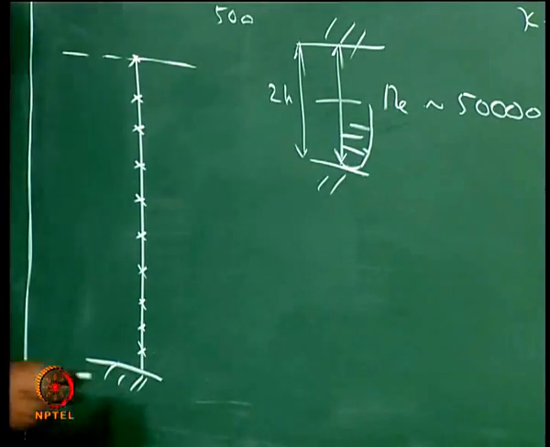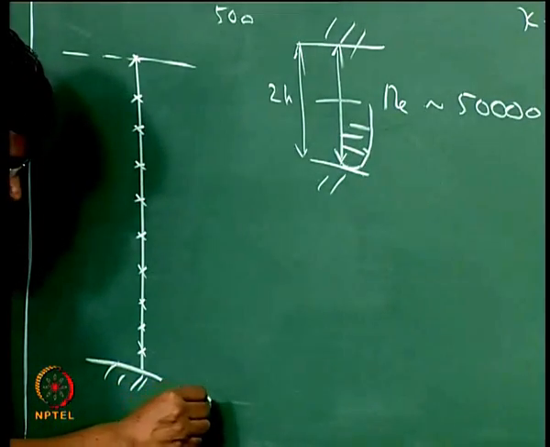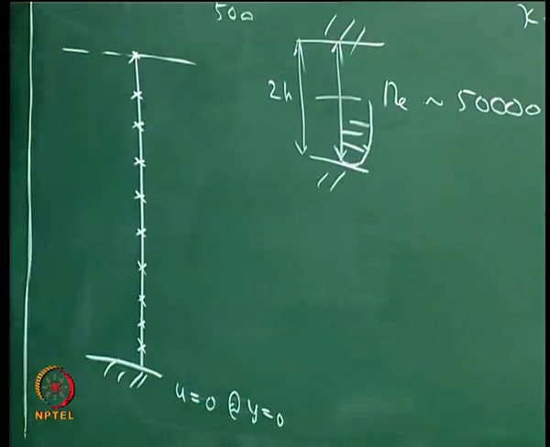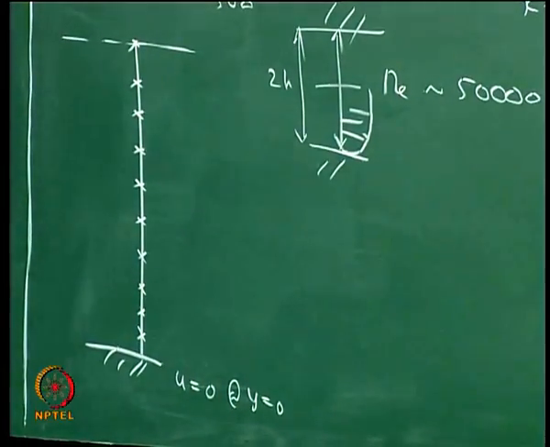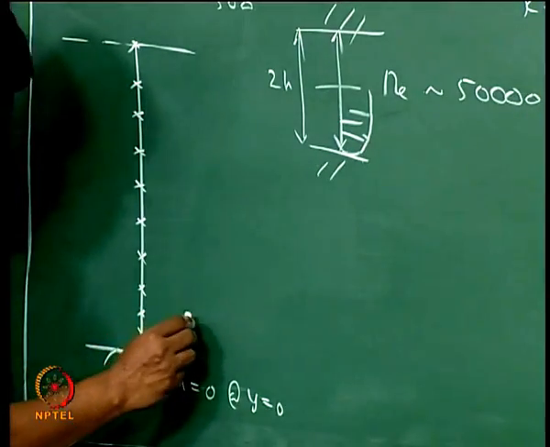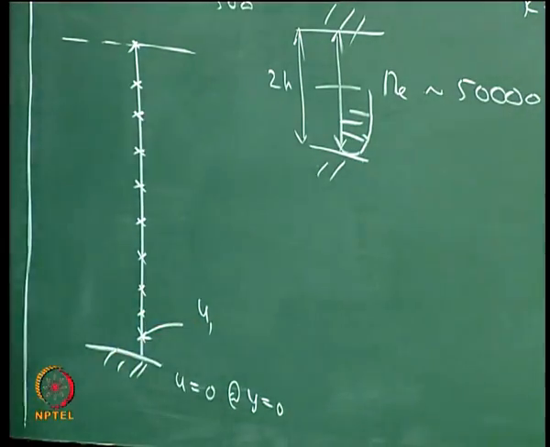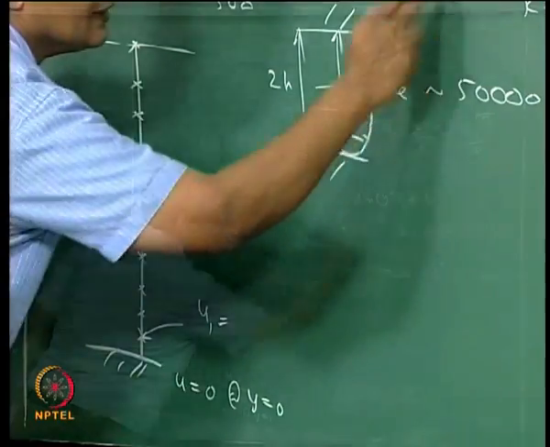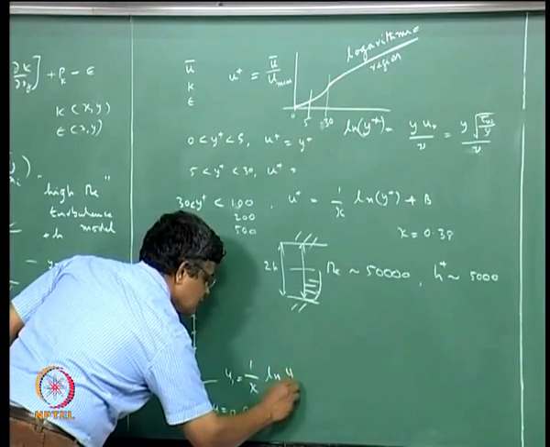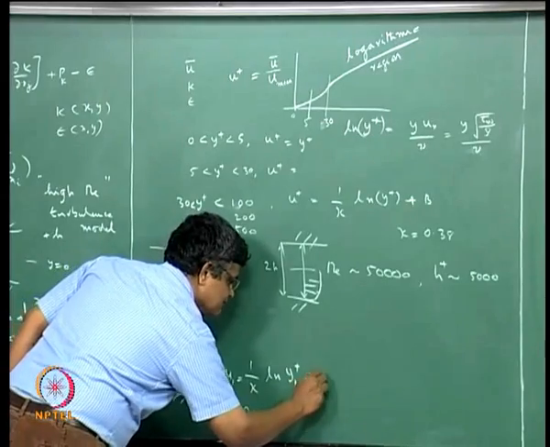And instead of saying that u is equal to 0 at y equal to 0, which is the no slip boundary condition, we say that at this point, say u1 is given by 1 by kappa ln y1 plus b.